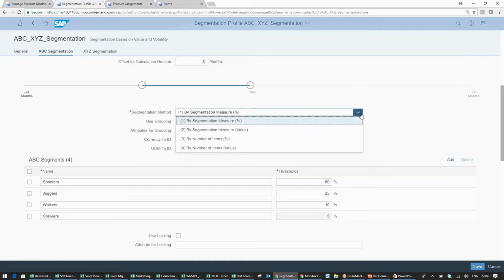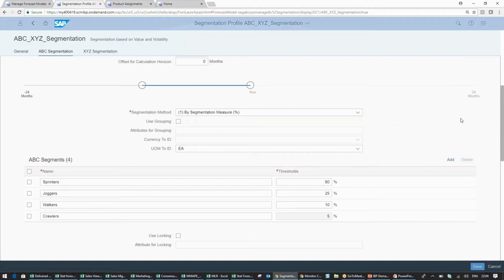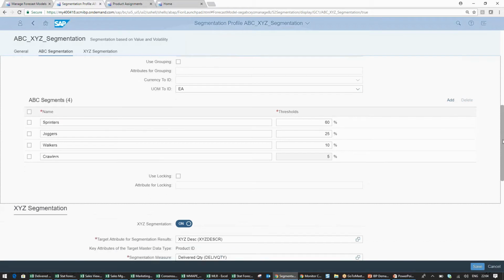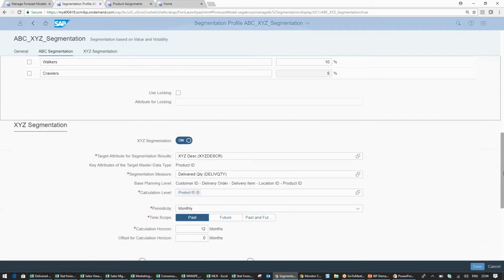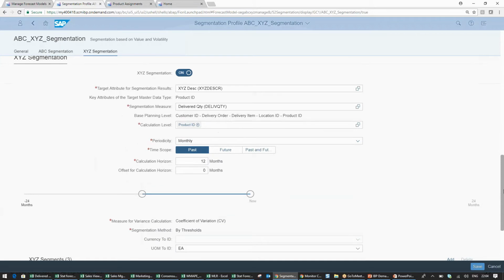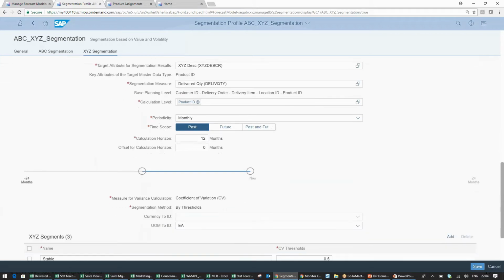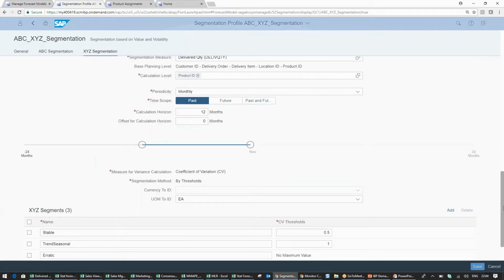You have some segmentation methods available: by percentage or values, or by the number of items. In our example, as I mentioned, we have used 4 different segments having thresholds of 60%, 25%, 10%, and 5%. Likewise for XYZ segmentation, we have a coefficient of variation of 0.5 and 1 for our stable and seasonal.